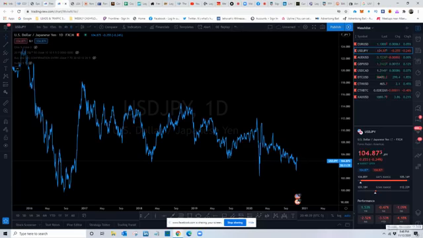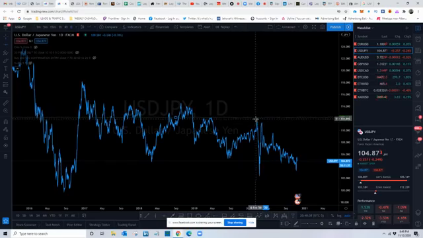So what I typically like to do first is draw up my horizontal lines and figure out what my daily zones are. I take the horizontal line and go to the most recent high, and actually, in reality, the most recent high is down here.